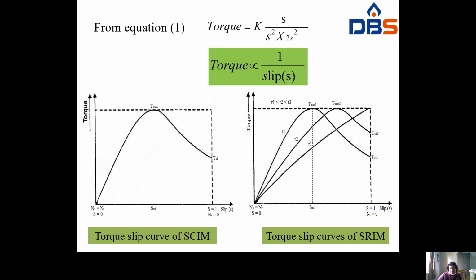That is a linear curve. Now the load increases again, and the slip value increases. That means torque is inversely proportional to slip, so it is a rectangular hyperbola. For medium and high slip, torque is inversely proportional to the slip. For low slip, torque is proportional to the slip.